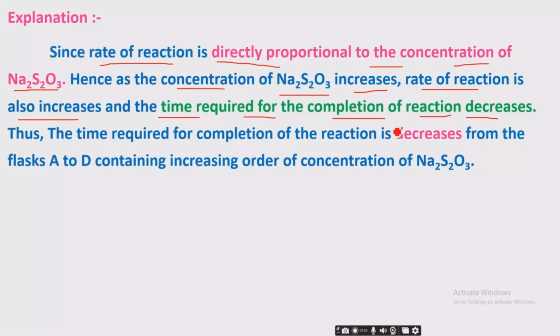That is, the time required to precipitate colloidal sulfur decreases, and thus the time required for the completion of the reaction decreases from flask A to D containing increasing order of concentration of sodium thiosulfate solution. I hope you understand.